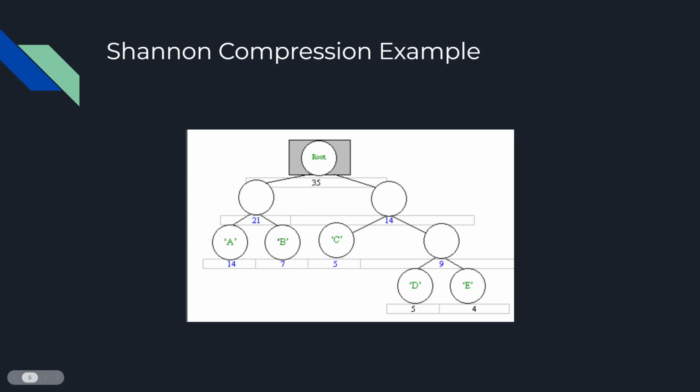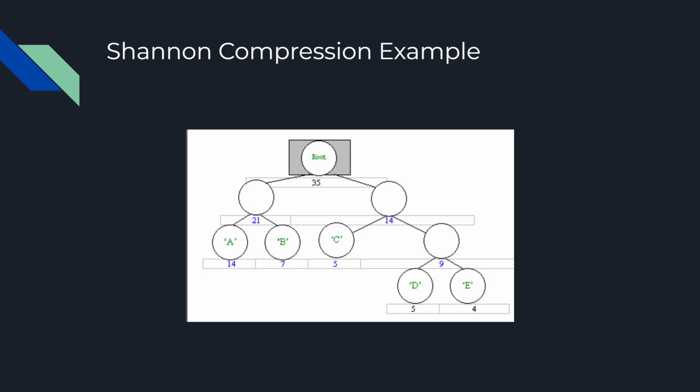For this example, we have a tree here. The different characters in the string are A, B, C, D, and E. The first step is to split the data up as well as you can into 2 groups such that they're kind of even. So A and B are on the left, and C, D, and E are on the right.